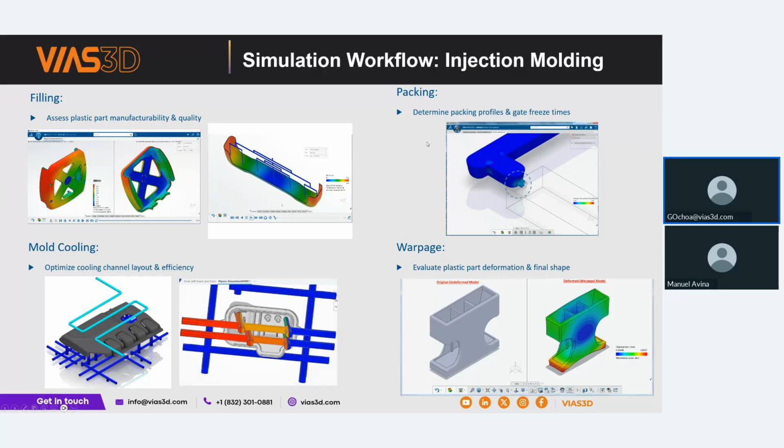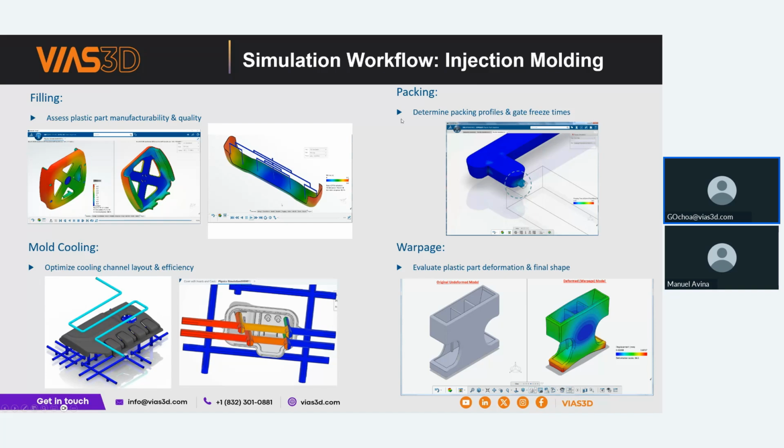And this is going to tell us how the material is changing its density, as well as how the temperature is changing to the point that the entire part is freezing.